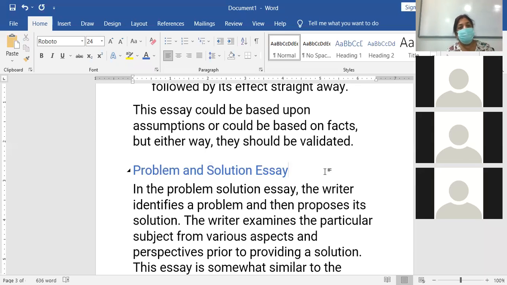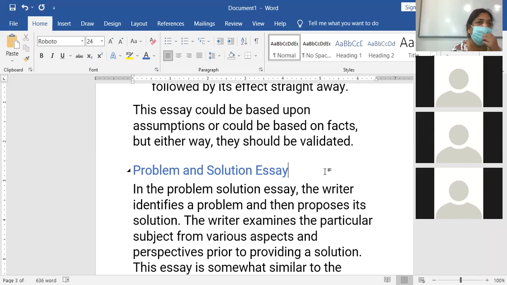For example, a medical practitioner comes to know the problem of the sickness, and then what does he do? He writes a prescription. How has he come to know about the problem? Through maybe blood tests or other tests. So first, what does the writer do? The writer identifies a problem.